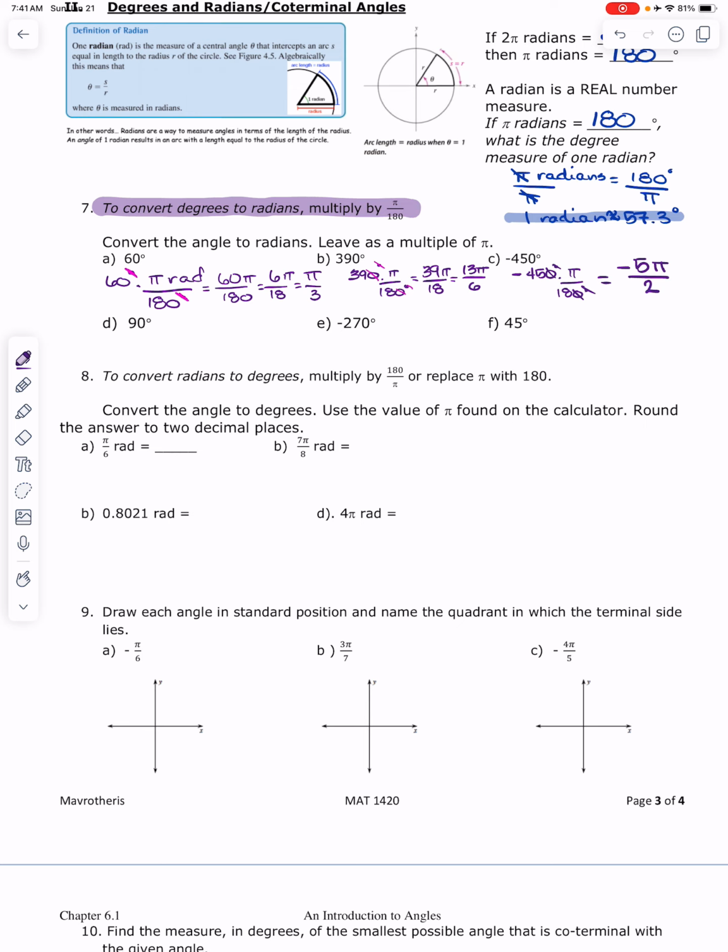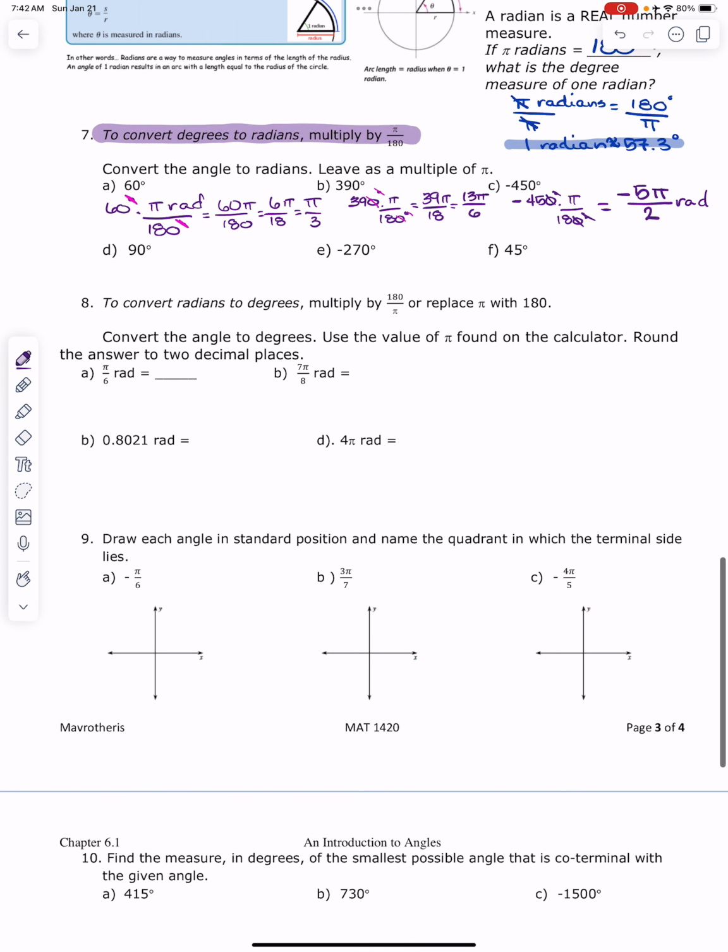Negative 5 pi over 2. And since I have the room, I will add that radian label on here. Again, that one is definitely implied if we don't see a degree symbol and we've got a pi in there.